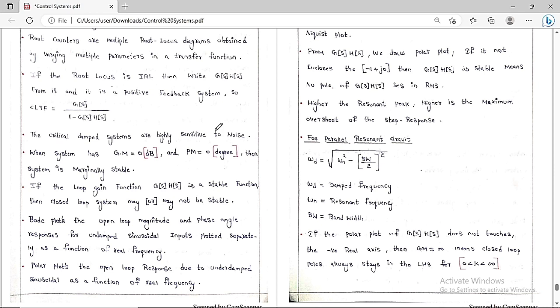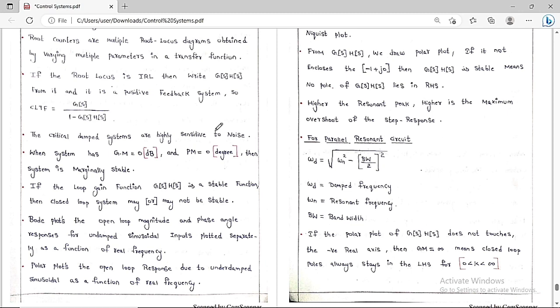For critically damped systems, there will be no oscillations and the response has the minimum settling time. So in industrial cases, we always try to design with zeta equal to 1, because in the response there will be no oscillations and we will have the minimum settling time.